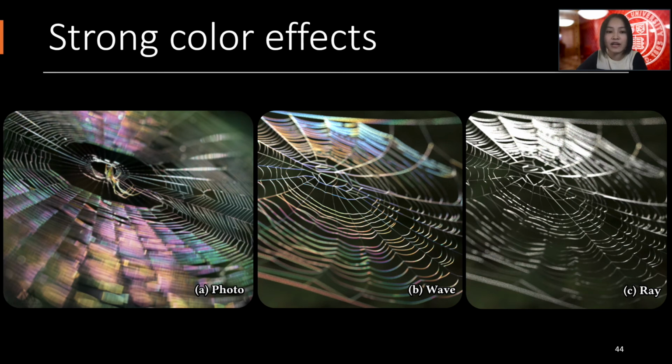A is a photograph of such effect. B is rendered using our wave optics-based fiber scattering model. C is rendered using the previous ray-based method. Our wave model is able to produce strong color effects with similar hue shown on the photograph, while the ray model only produces a colorless render.